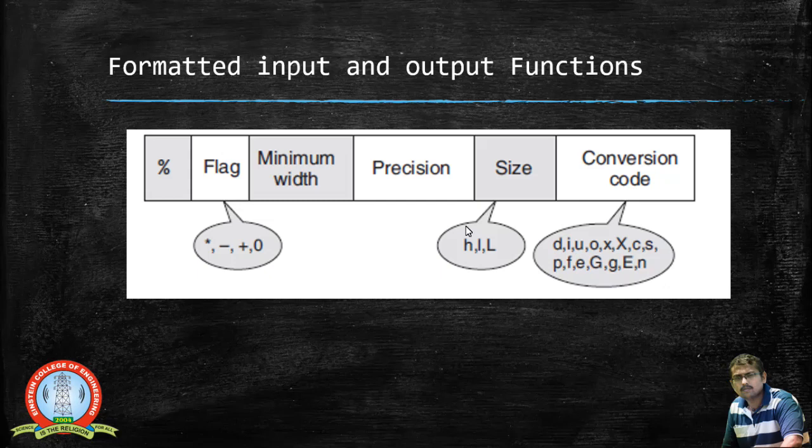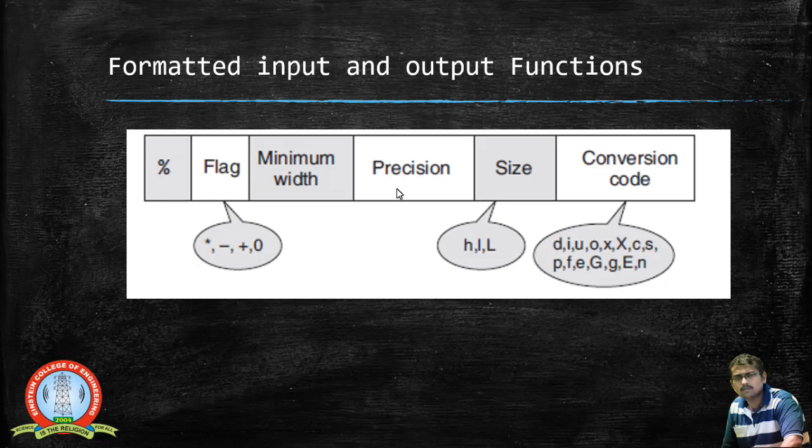So this slide shows the format of the printf statement. When you look at the format string of the printf statement, we have a flag. The flag can take values like star, negative, positive, or zeros. Similarly there is an optional field, the minimum width that is to be specified, meaning the total width of the values that we are going to print.